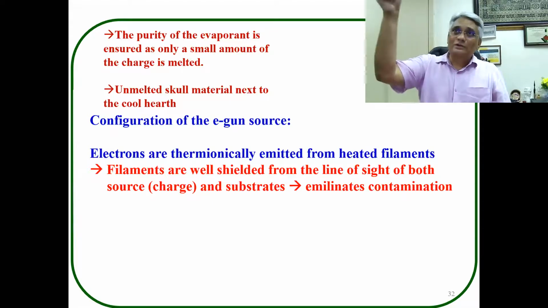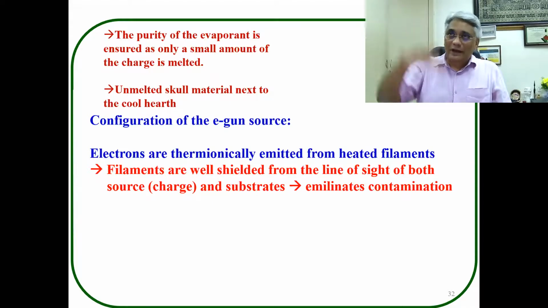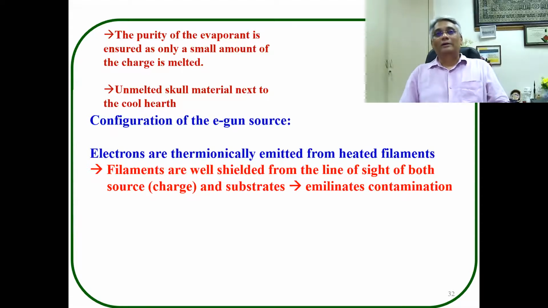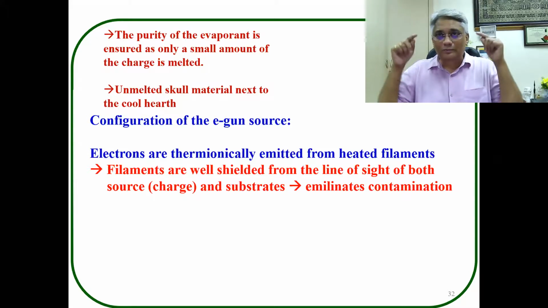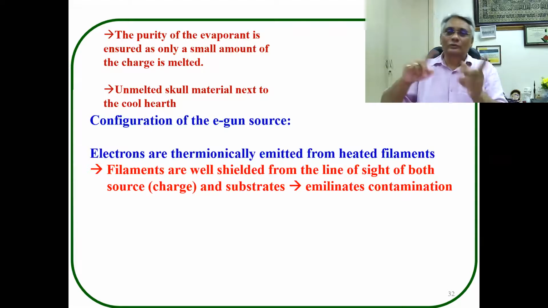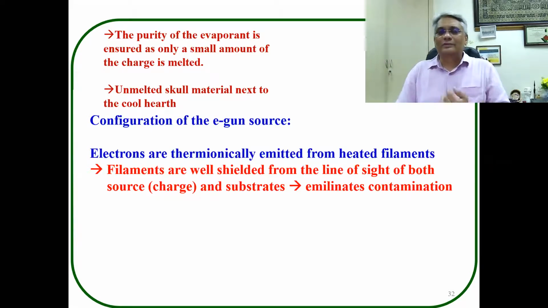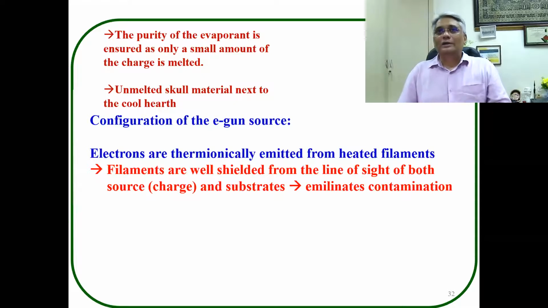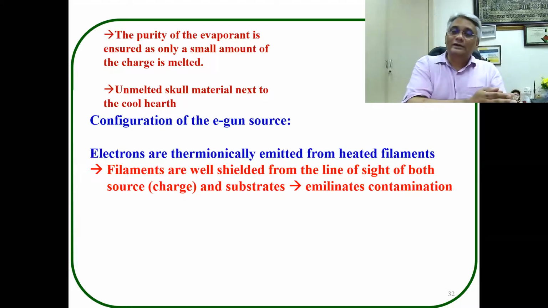And those electrons in the microscopic case are made to accelerate in those 1.5 meter long columns, and they impinge on the target material, and you get all kinds of analysis, the surface morphology, the elemental composition, etc. But here, I use the same electrons generated by thermionic emission for heating a charge.